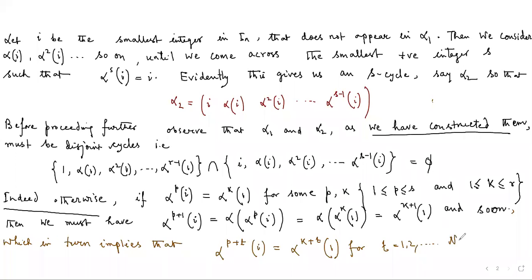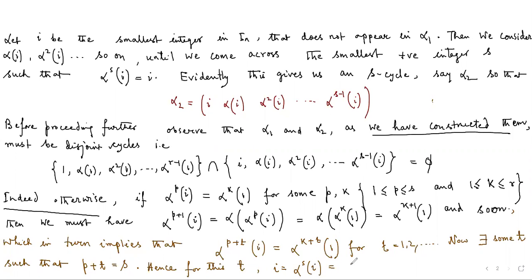Now, there exists some t such that p plus t is equal to s, and hence for this t, I is equal to alpha s I, which is alpha of p plus t of I, which is alpha of k plus t of 1.